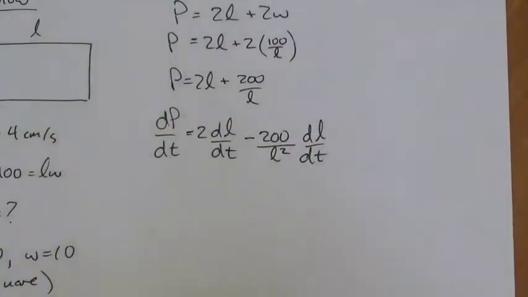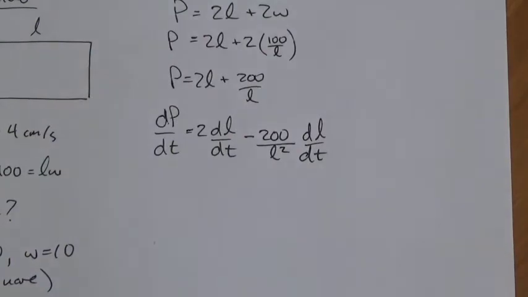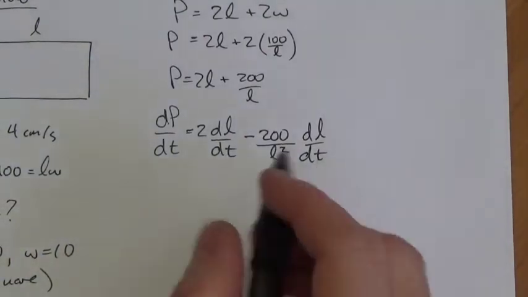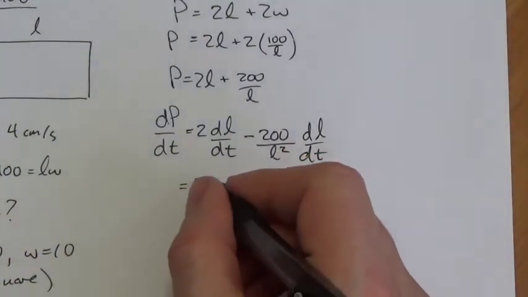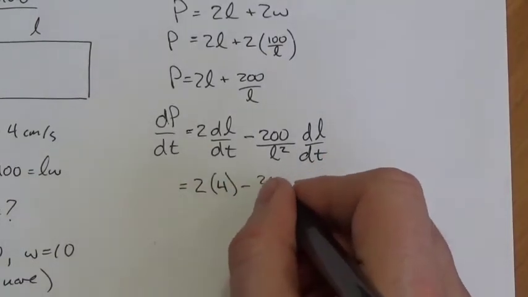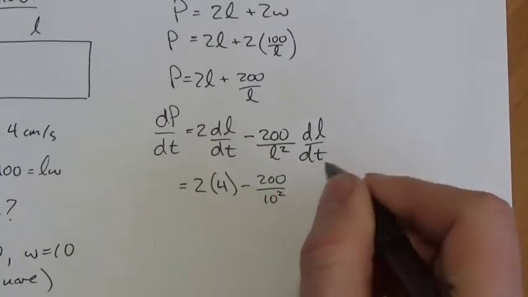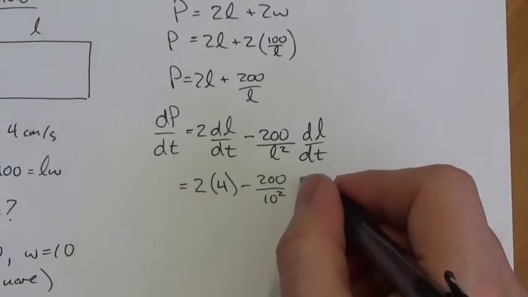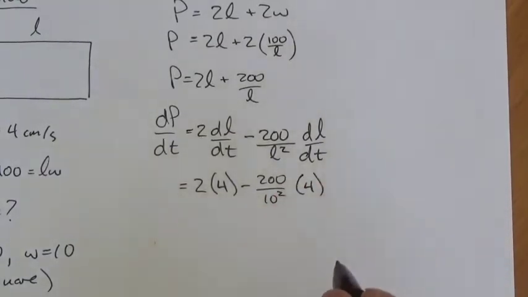That might look a little bit complicated, but I know everything here. So now I can just substitute stuff in. That's going to be 2 multiplied by 4, minus 200 over 10 squared, and dL by dt is 4.